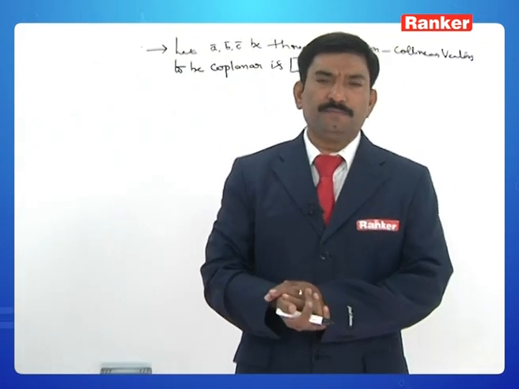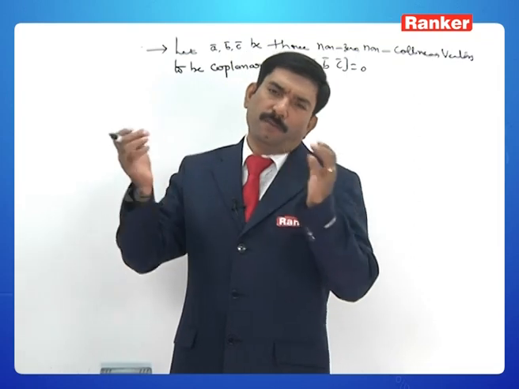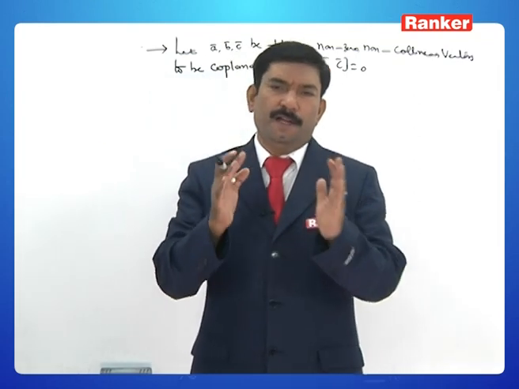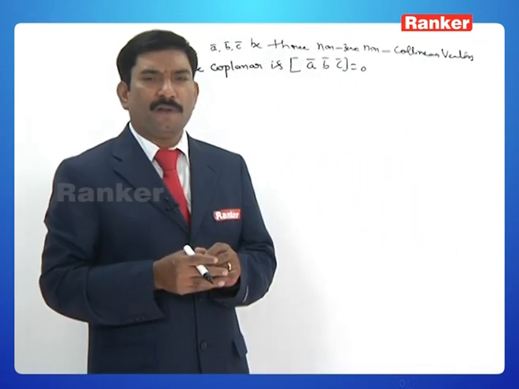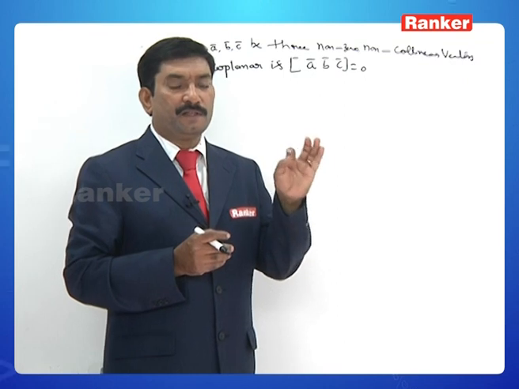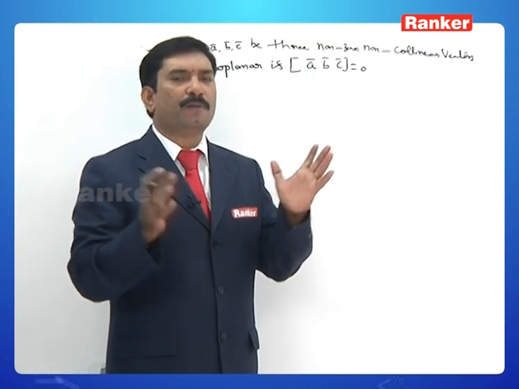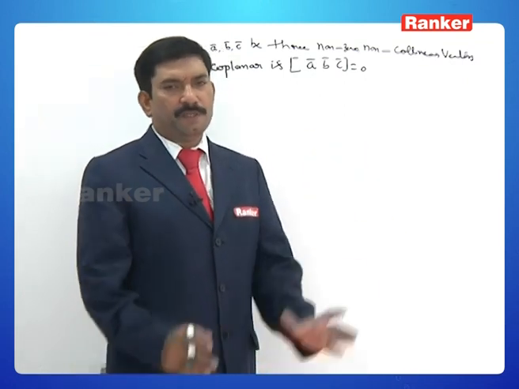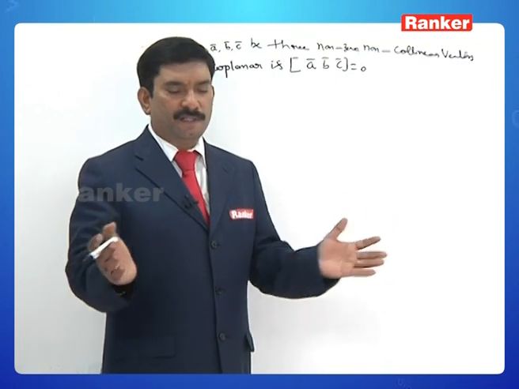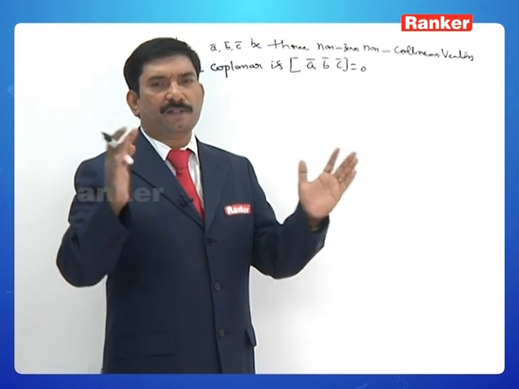Sometimes it can also be interpreted as the necessary and sufficient condition for the three non-zero, non-collinear vectors A bar, B bar, C bar to be coplanar is box of A bar, B bar, C bar is equal to 0. Nevertheless, det of those vectors is equal to 0.